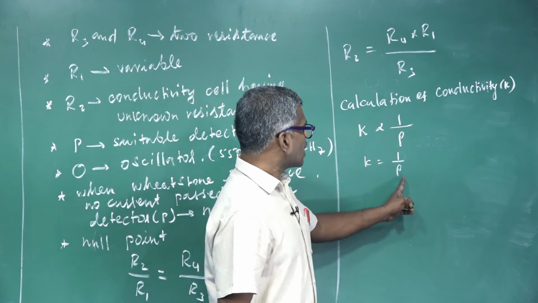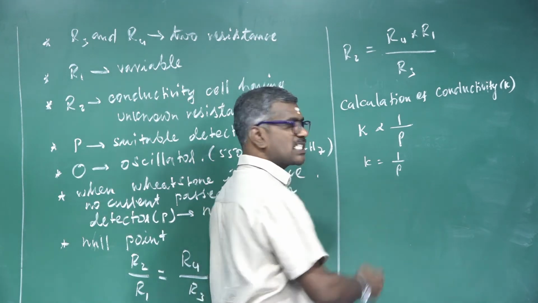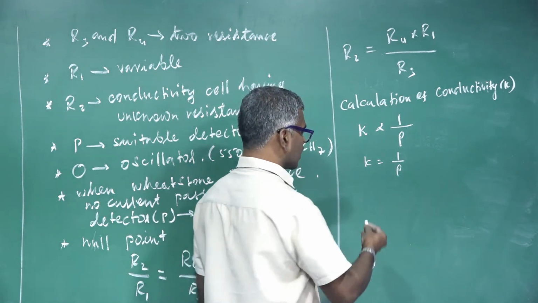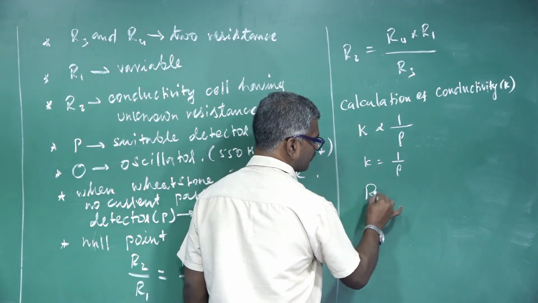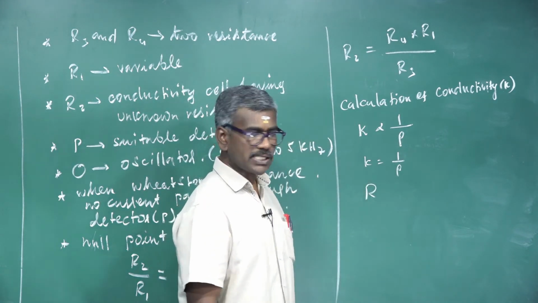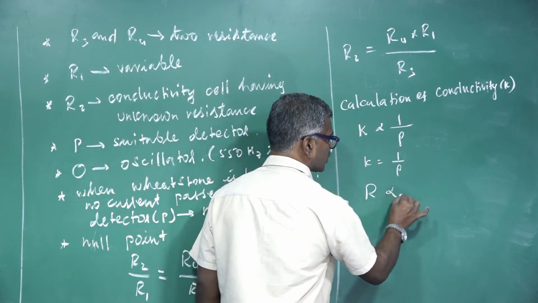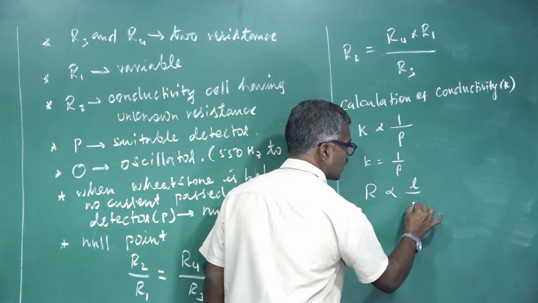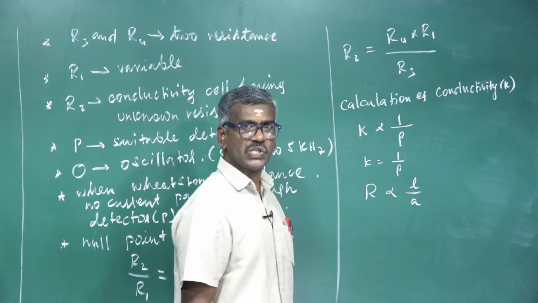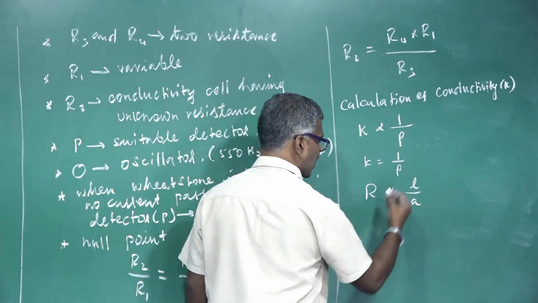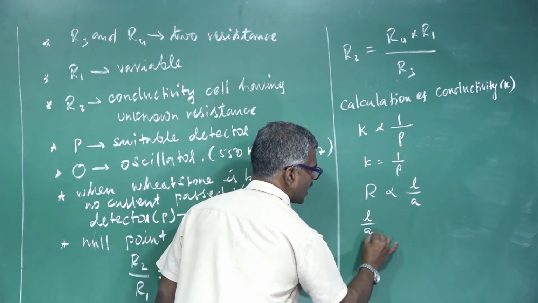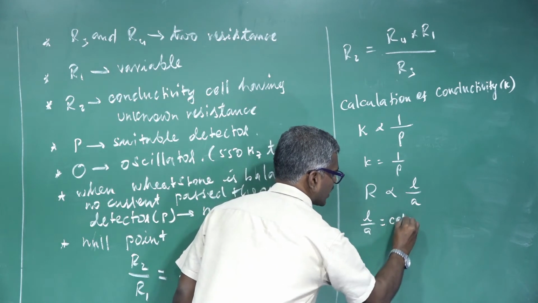Resistance R is directly proportional to the length and inversely proportional to the area of cross section. L by A is nothing but the cell constant.